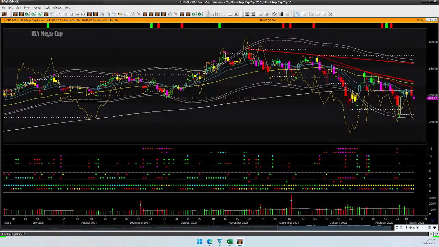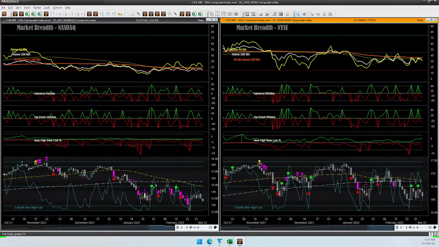I showed in several recaps, for several months actually, that Nasdaq was underperforming. Let's see if that is true, and this is now drilling down into the market breadth comparing Nasdaq versus NYSE. I'll not read the entire chart, just let's look at the yellow line, percentage of stocks above 50 MA. For Nasdaq it is around 25%, for NYSE around 35%.